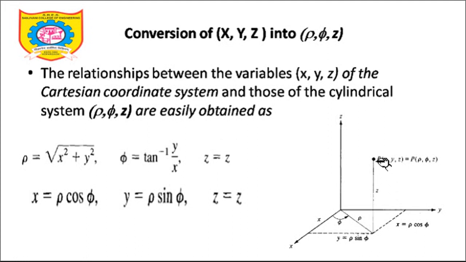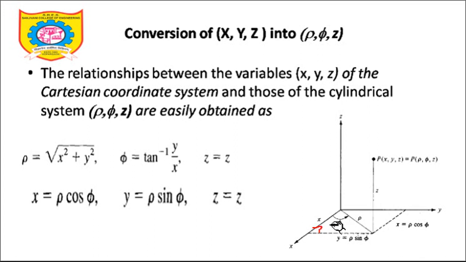See, I have taken the projection of this point downwards at this particular point, and I have drawn a line from the origin, and to get this azimuthal angle, I have denoted it with phi. Secondly, once I got this point, I have drawn a line parallel to the x-axis and a line parallel to the y-axis. Now, according to the trigonometric concept, we know this is angle phi and this is a 90-degree angle.